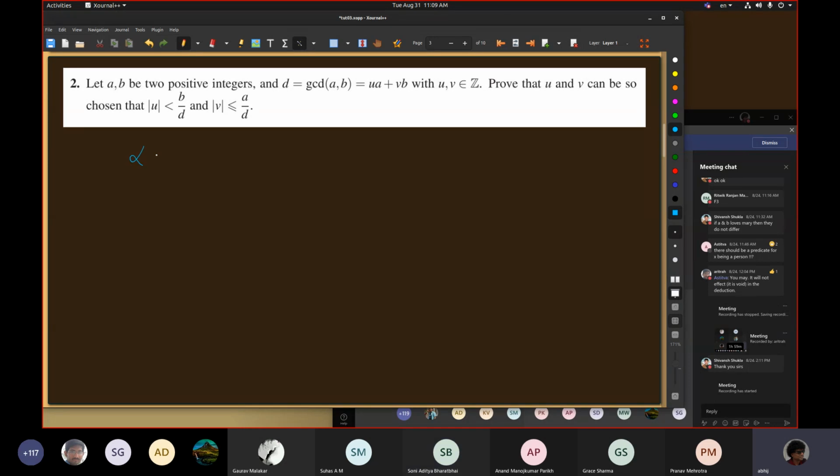Let us say alpha equal to A by D, beta equal to B by D. Then if I substitute this and cancel D, this becomes much simpler: U alpha plus V beta. And I have to show that I can choose U less than beta and V less than or equal to alpha. This looks much simpler.